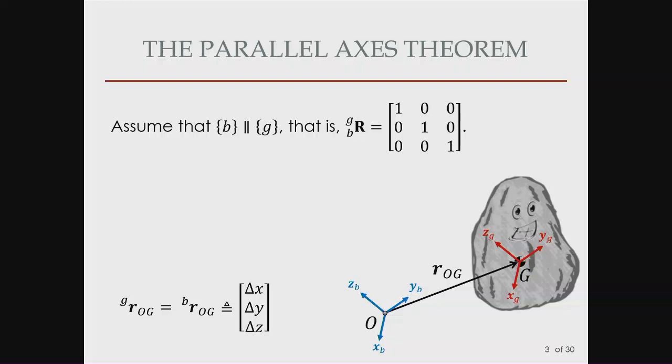I project this vector, r_OG, onto the axes. It doesn't matter these ones or these ones, they have the same orientation, so the projections will be the same. Is it clear what delta x, delta y, delta z are? Now if accidentally you go from G to O, you will have minus, minus, minus.